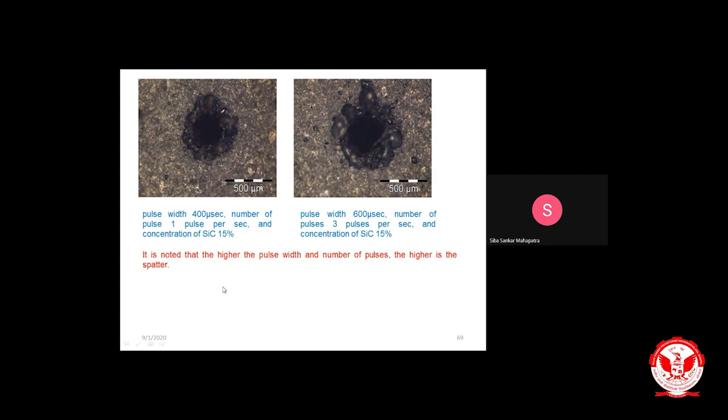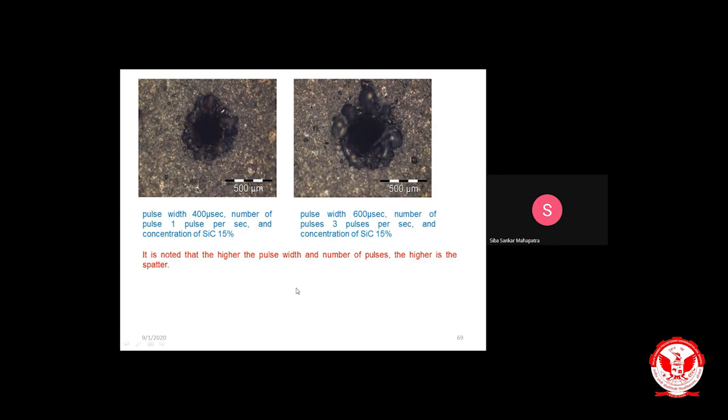So it is noted that the higher the pulse width and the number of pulses, the higher is the sputter. Sputter is this area. When pulse width and number of pulses increase, if you compare these two graphs, your sputtering area increases.